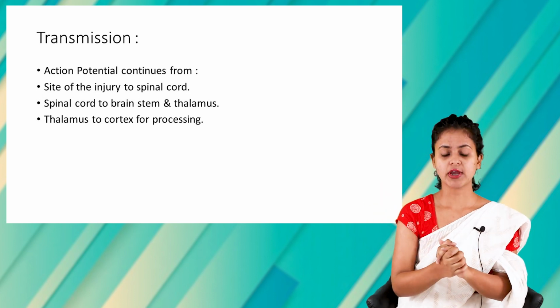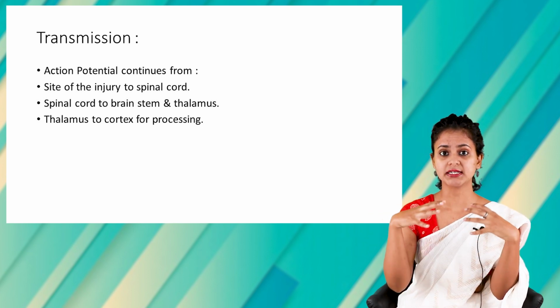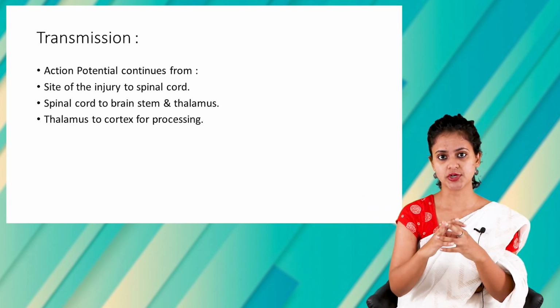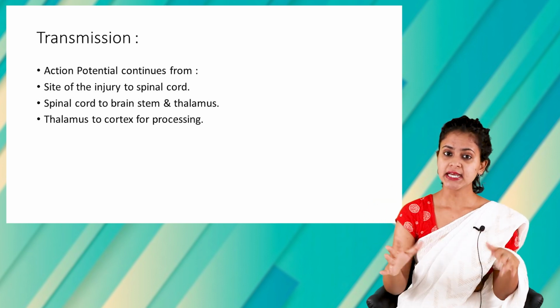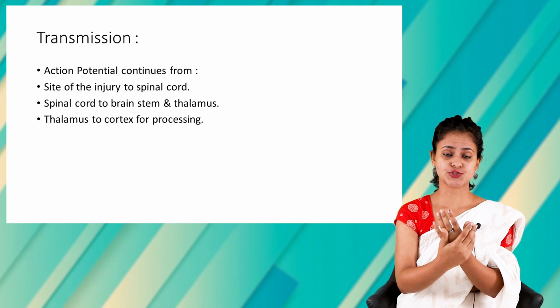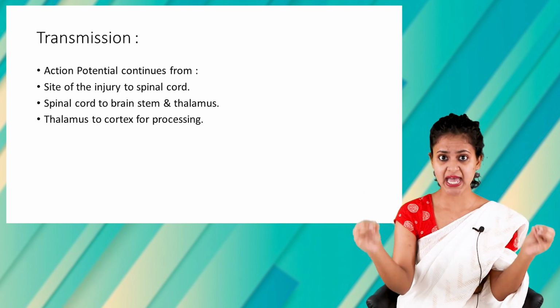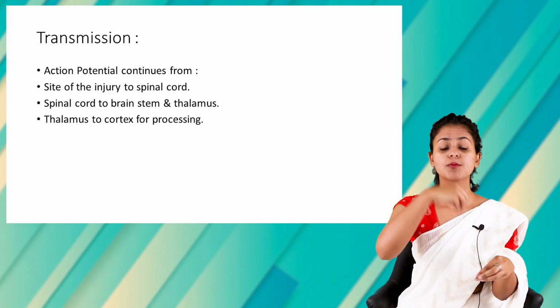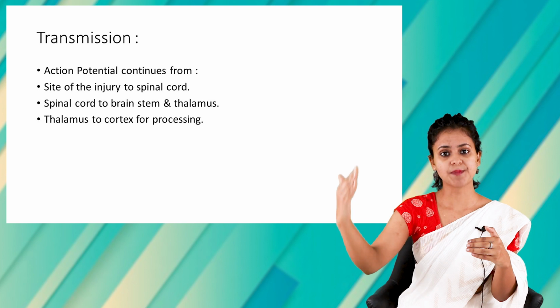From the spinal cord, the pain sensation reaches the brainstem or thalamus. So I hope you are understanding. The electrical impulses or action potentials are first generated from the nociceptors at the injured site, and from the site of injury, they are first transmitted to the spinal cord.